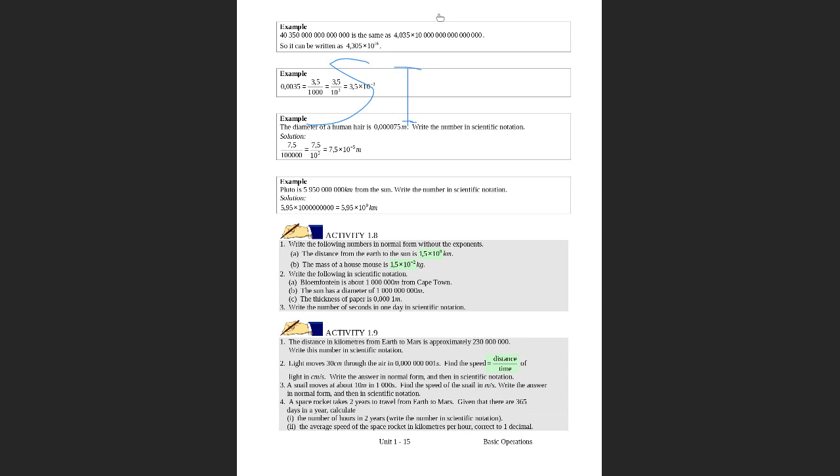So the first thing is, who can tell me the meaning of a scientific notation? When we say a scientific notation, what do we mean? Those who have attended the lesson, I think you were told.